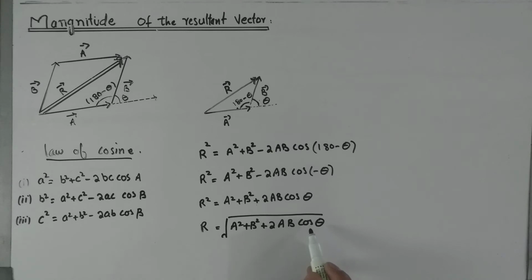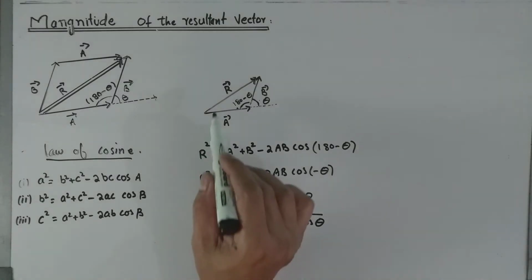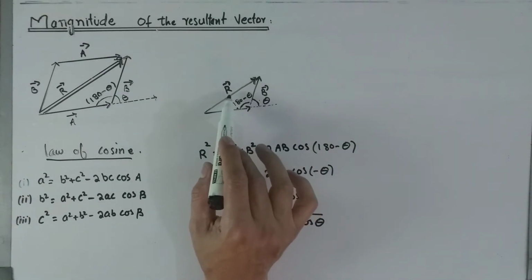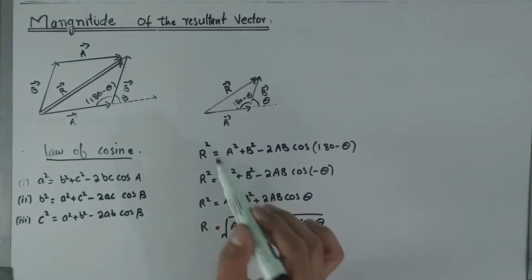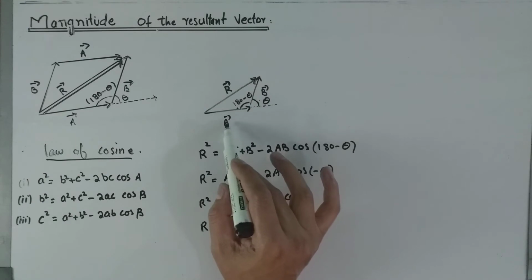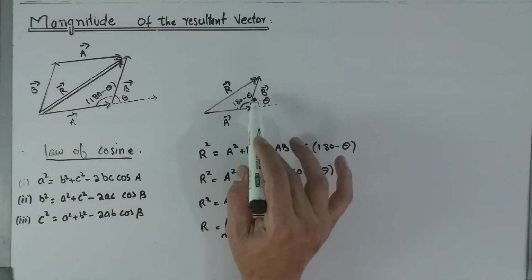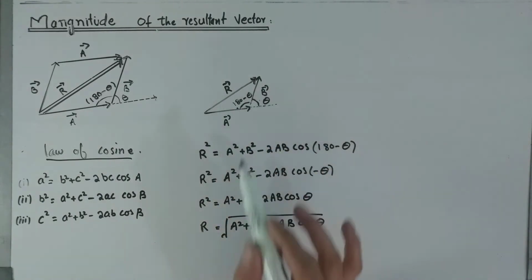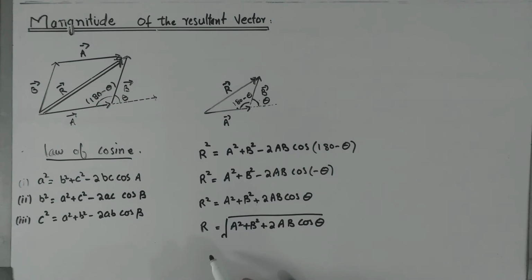This is the magnitude of the resultant vector. We use the magnitude of vector A and the magnitude of vector B, and we get the magnitude of the resultant vector, which is the square root of A square plus B square plus 2AB cos theta.